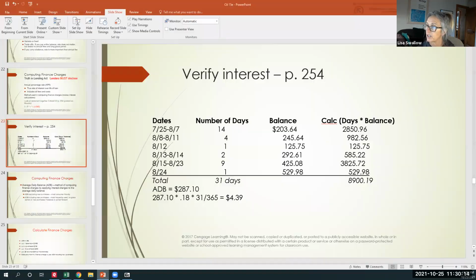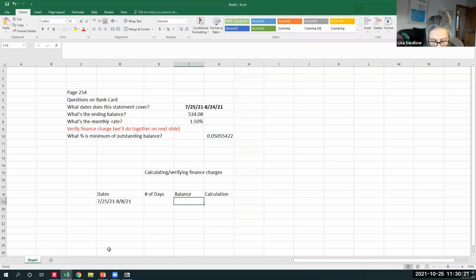Just verify here, 203.64. Right, because that's what I started the month with. Previous balance 203.64. So then the next question is, how many days was it $203.64 before it changed?